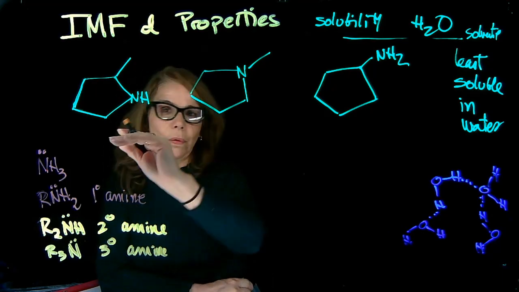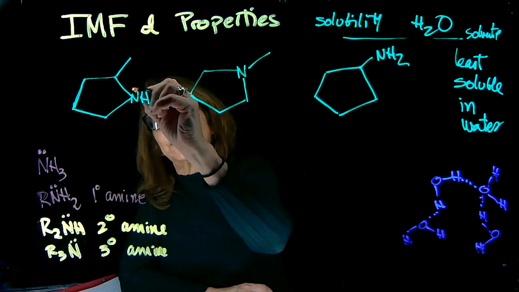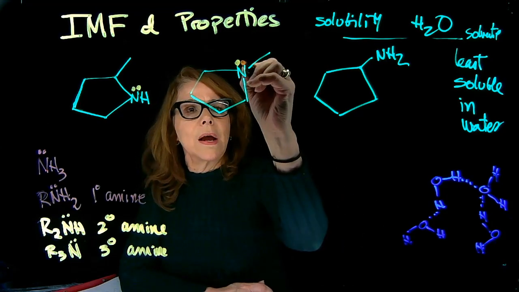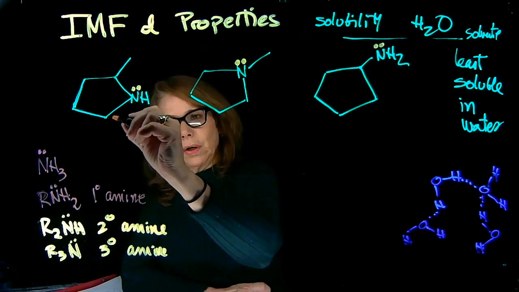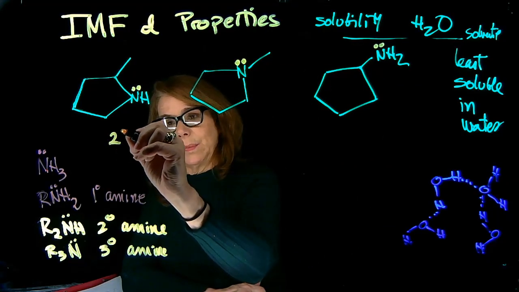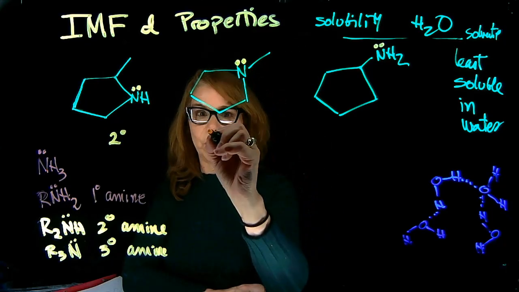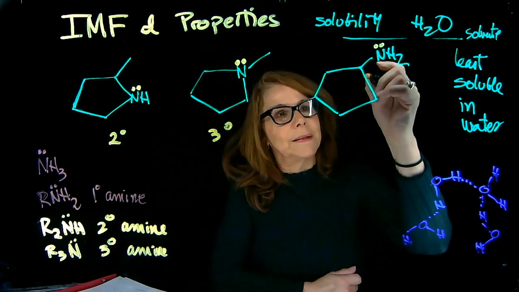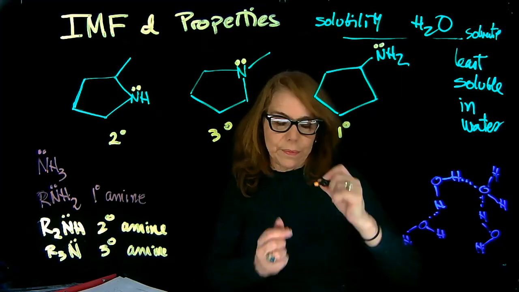At the nitrogen, let's put the lone pair everywhere. Here you have two R groups, so that is a secondary amine. Here you have 1, 2, and 3, so it's a tertiary amine. And here you have one R group, so that is a primary amine.